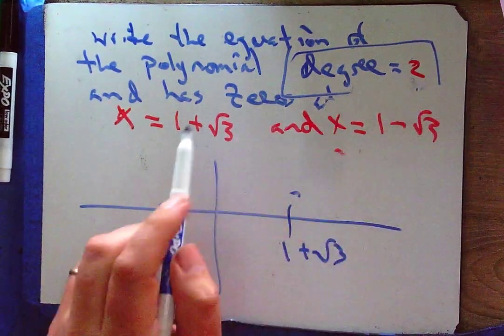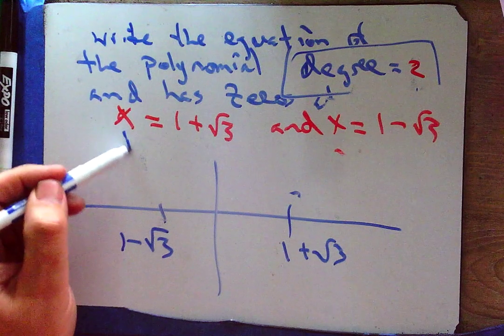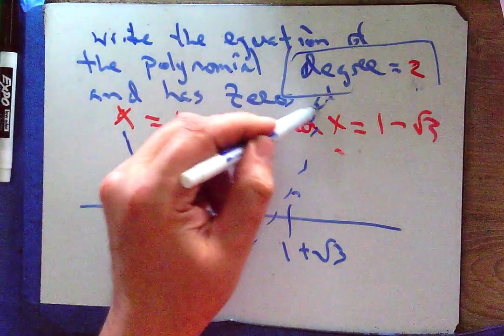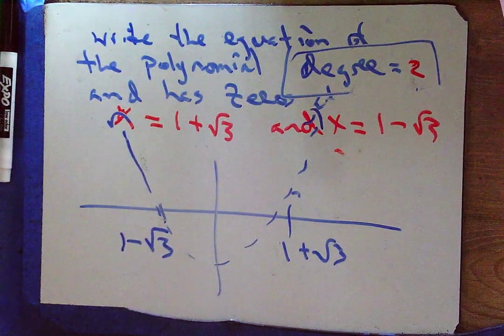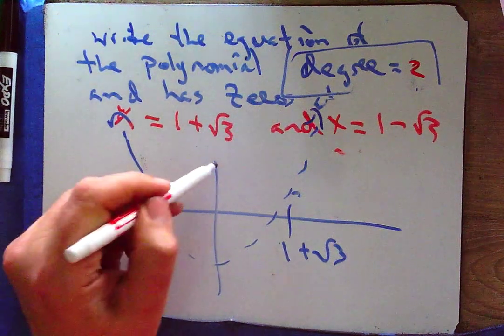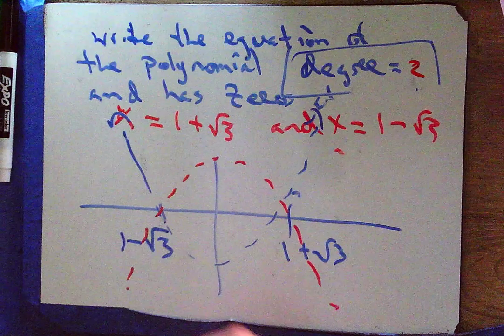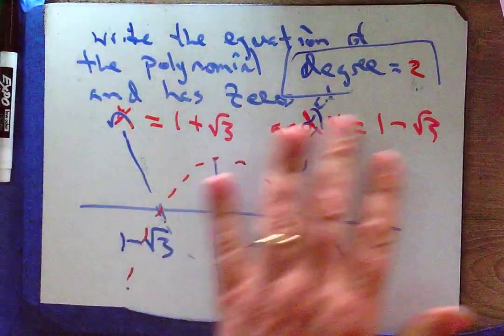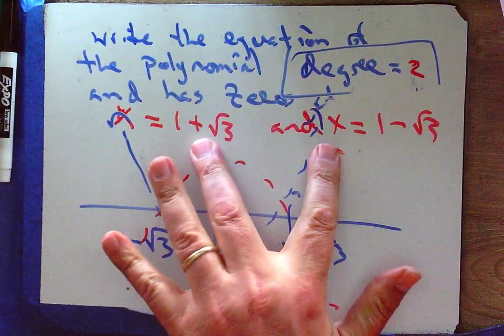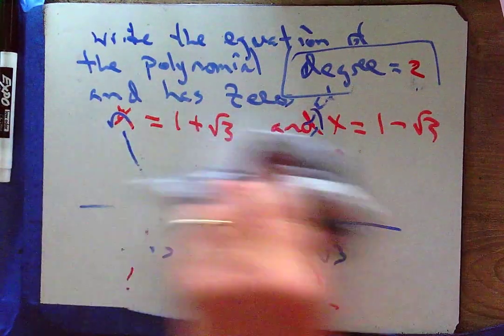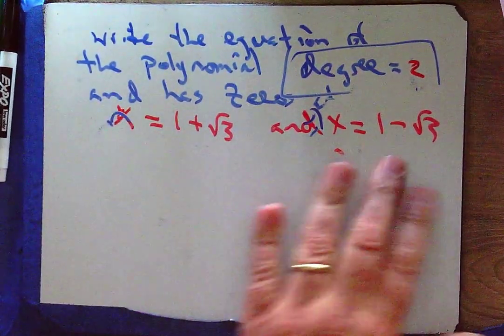And degree 2 with these x-intercepts, it could be this polynomial, but they don't tell me anything about positive or negative leading coefficient. So we could also have this polynomial. Degree 2, 2 x-intercepts. They're not asking me to graph it.